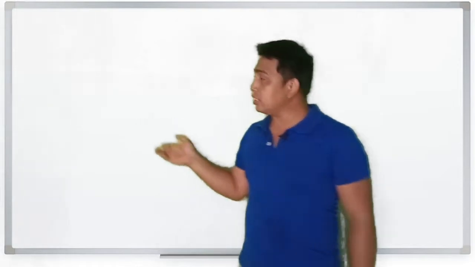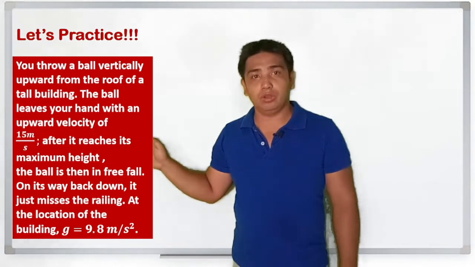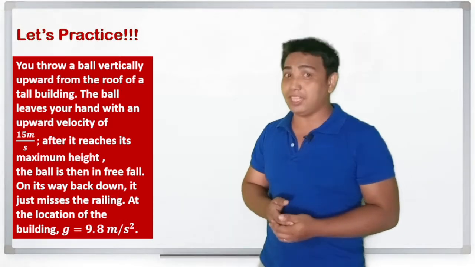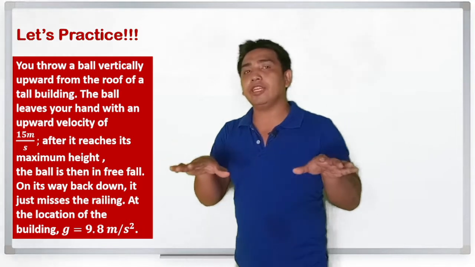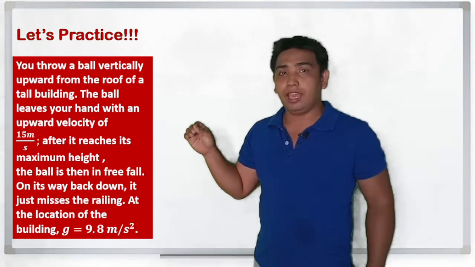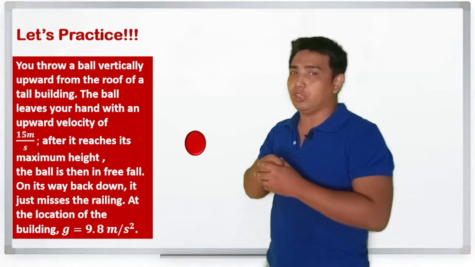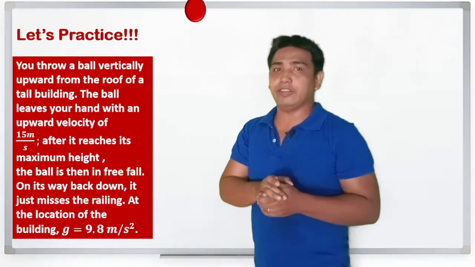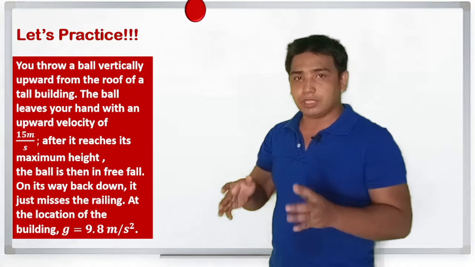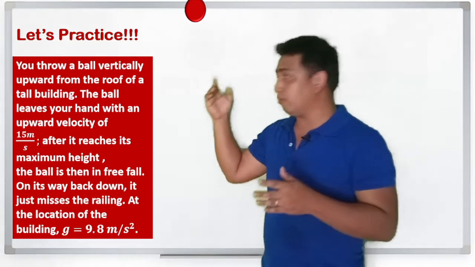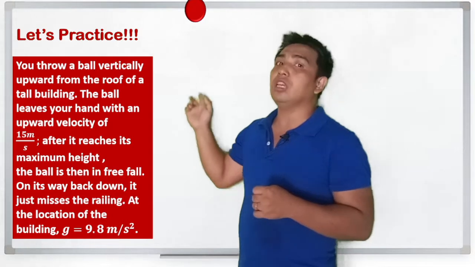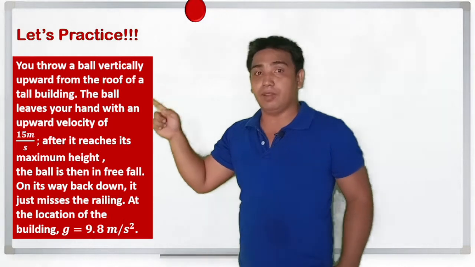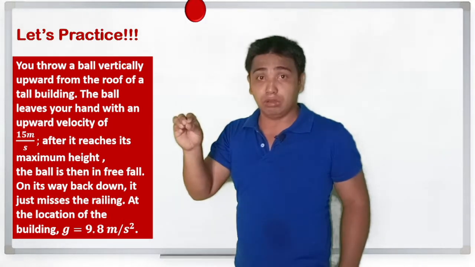So here is the problem solving that we are going to deal with. As I'm always telling you guys, practice makes you better. So the scenario is like this. You are on top of the building and you are playing with your ball. You try to throw the ball vertically upward, and it leaves your hand with an initial velocity of 15 meters per second. After quite some time, this ball will reach its maximum height, and there its final velocity will momentarily be equal to 0.